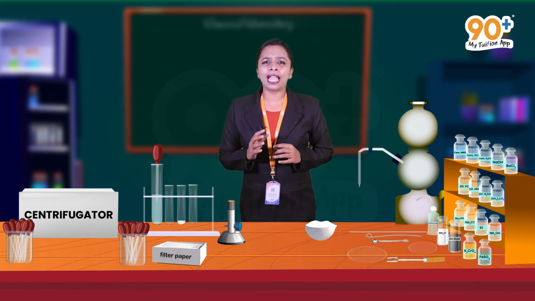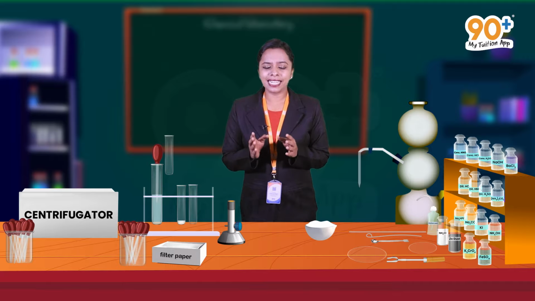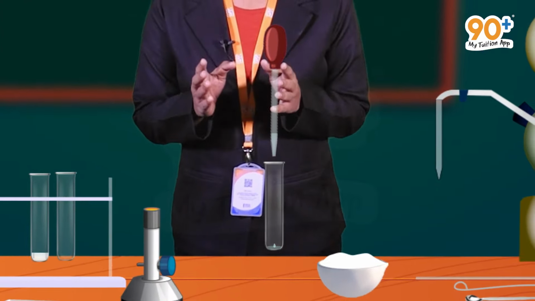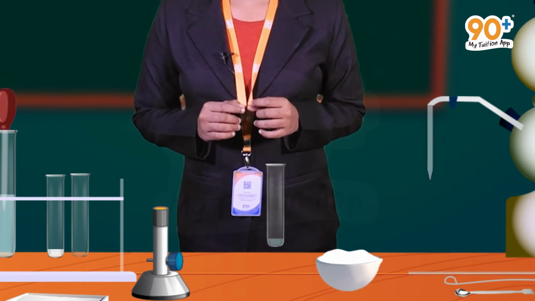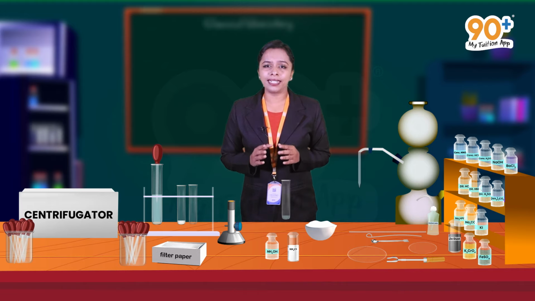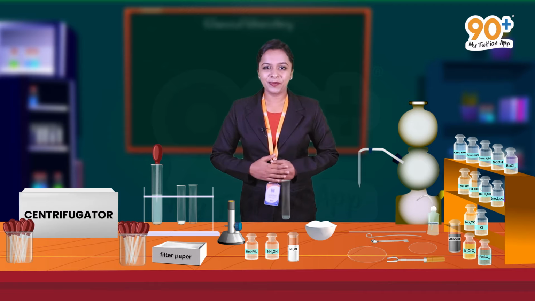Since the group 5 cations are absent here, let's conduct the test for group 6 cation. For this, take a test tube. To this test tube, add a little amount of salt solution. As we know, ammonium chloride, ammonium hydroxide and disodium hydrogen phosphate are the reagents of group 6 cation.